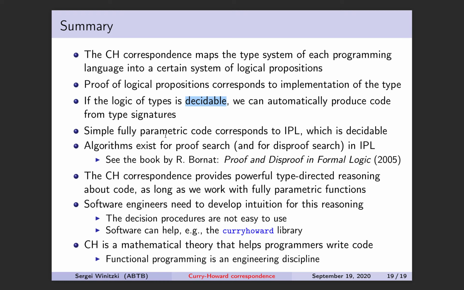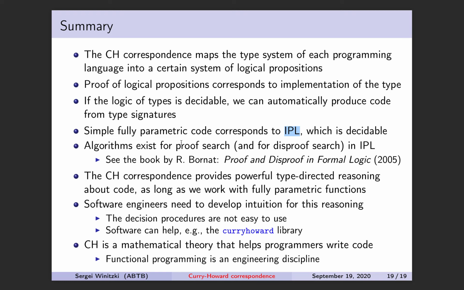So a simple, fully parametric code that we have seen, with no recursion, with only type parameters, either the tuple and the unit type and the function type, that corresponds to the logic called intuitionistic propositional logic, or constructive propositional logic, and that logic is decidable.